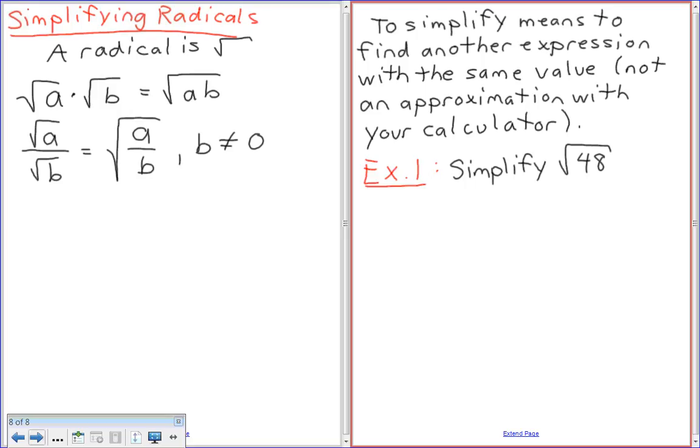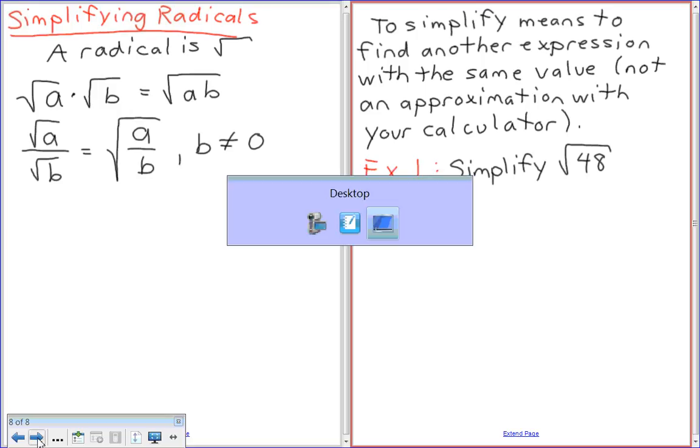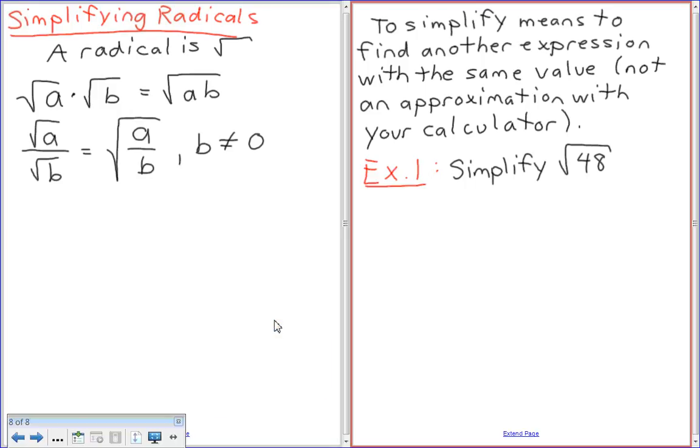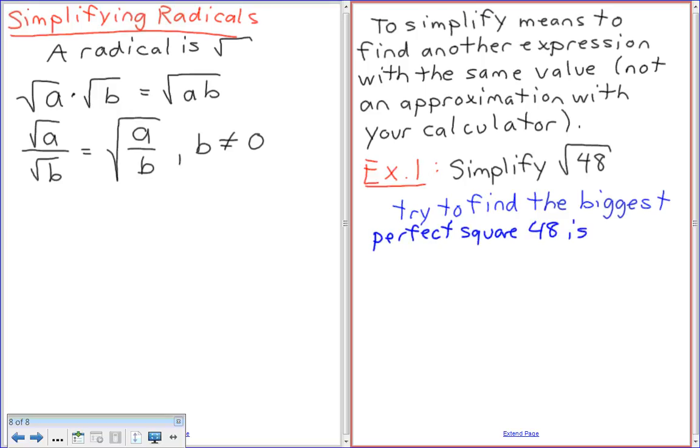So the way we're going to do this is I'll give you guys a second to scribble down. The square root of 48: you try to find the biggest perfect square it is divisible by.